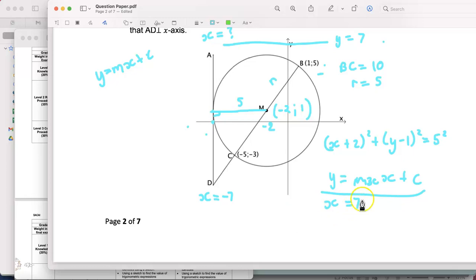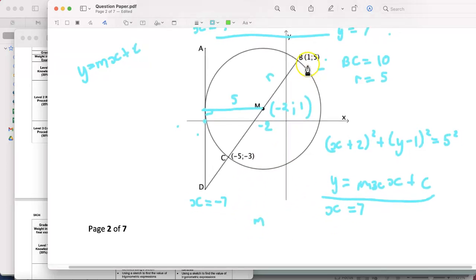So here what you would do is work out the gradient. The gradient is the difference between the y values, which here is 8, divided by the difference between the x values, which here is 6.